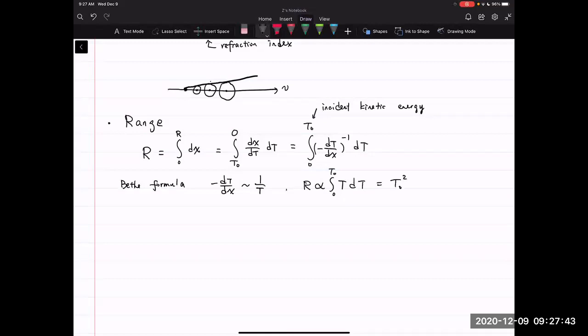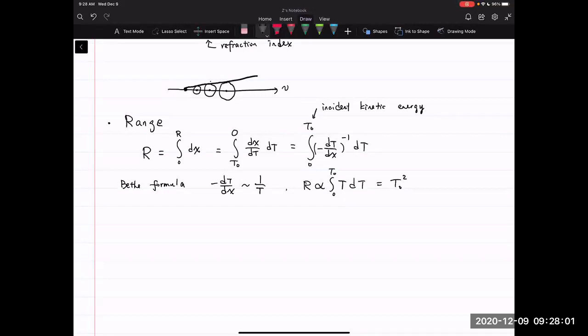Okay. So the range is proportional to the initial kinetic energy squared. If you increase the initial kinetic energy to twice, then the charged particle can get inside the material 4 times deeper.